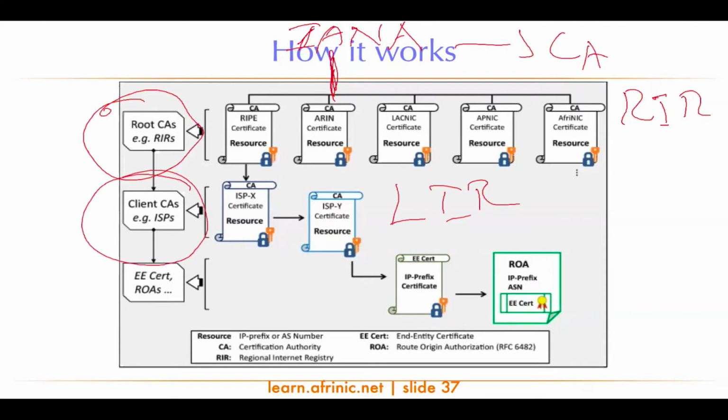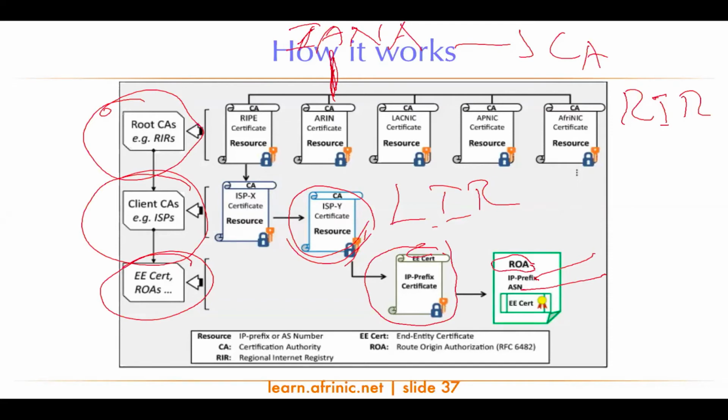And then at the end site, at the end entities, there is also a certificate, and this certificate will be signed by the LIR certificates. And then this certificate will be used to sign the prefix and the ASN in an object called the Route Origin Authorization. And then this is going to be stored in the RPKI facility.